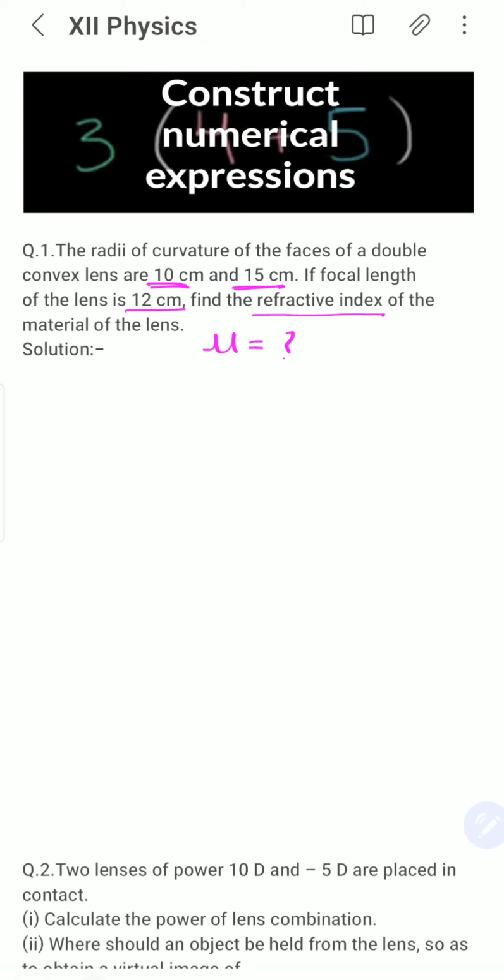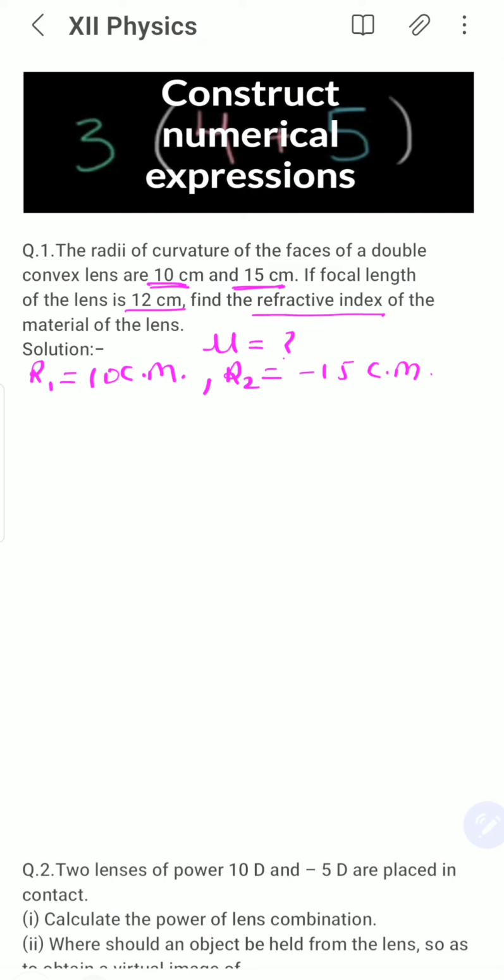So what we have in this question is R1 is equal to 10 centimeter and R2 is equal to minus 15 centimeter. It is minus 15 centimeter because it is a convex lens, and according to the sign Cartesian convention, one side will remain positive, which is the left hand side, and the right hand side will be taken as negative.